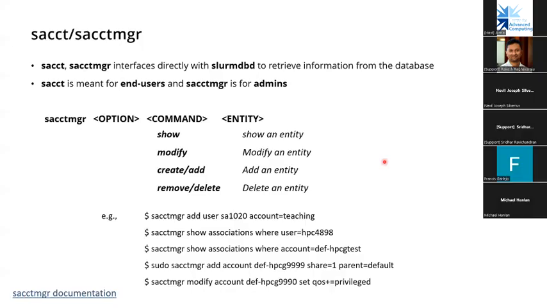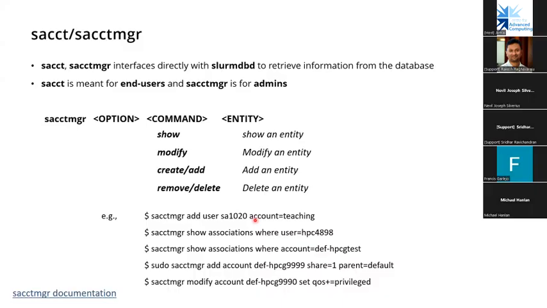Same thing, S account manager is essentially to modify or show accounting details. If you are displaying information, we don't need pseudo privileges if it's for that particular user. But any modifications need pseudo privileges. I didn't show it specifically. But let's say I want to add a user to the teaching group.